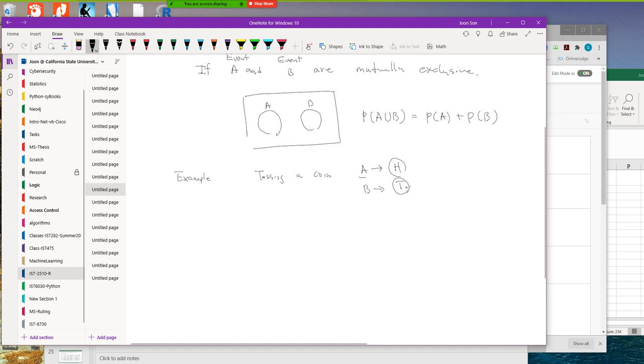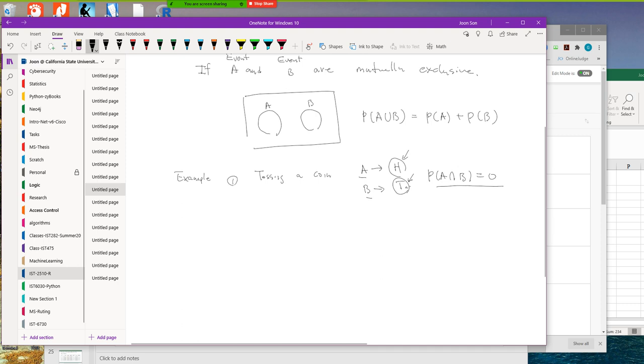This event A and event B are of course mutually exclusive. That means P(A and B) is equal to 0, because you cannot have H and T simultaneously. When you toss a coin, you either have H or T. So these events are mutually exclusive.